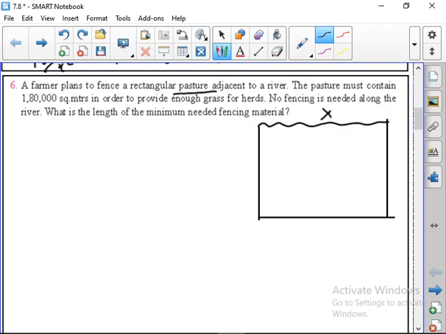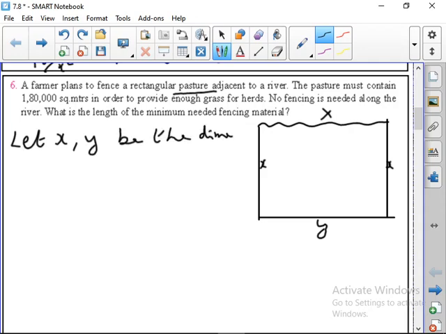So there is a river on one side, so we need only 3 sides. Take this as x, this also as x and this as y. We put the fencing around, so it is a perimeter. Okay, so let x, y be the dimensions.